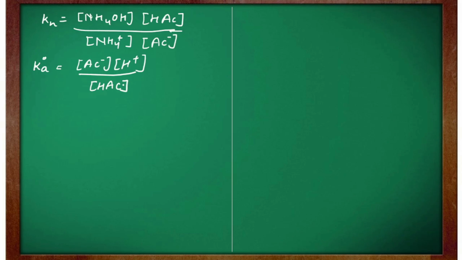Dissociation constant of acetic acid is multiplication of acetate and hydrogen ion divided by acetic acid. On rearranging, hydrogen ion divided by Ka equals acetic acid divided by acetate ion.